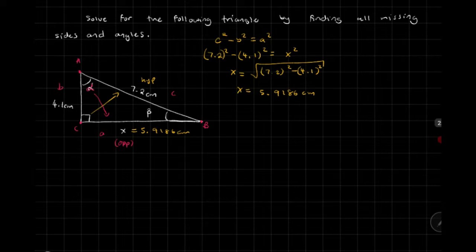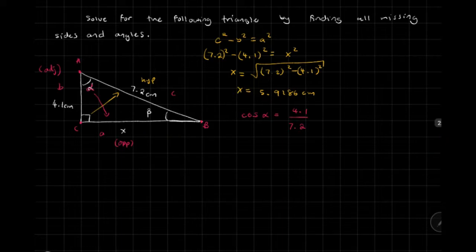This is your opposite side here, and C will always be the hypotenuse, so this is going to become the adjacent side. B is our adjacent side. If we didn't solve for x, we do have the value of our adjacent side over hypotenuse. So cosine of alpha is equal to 4.1 over 7.2. Let's assume that I didn't solve for x here.